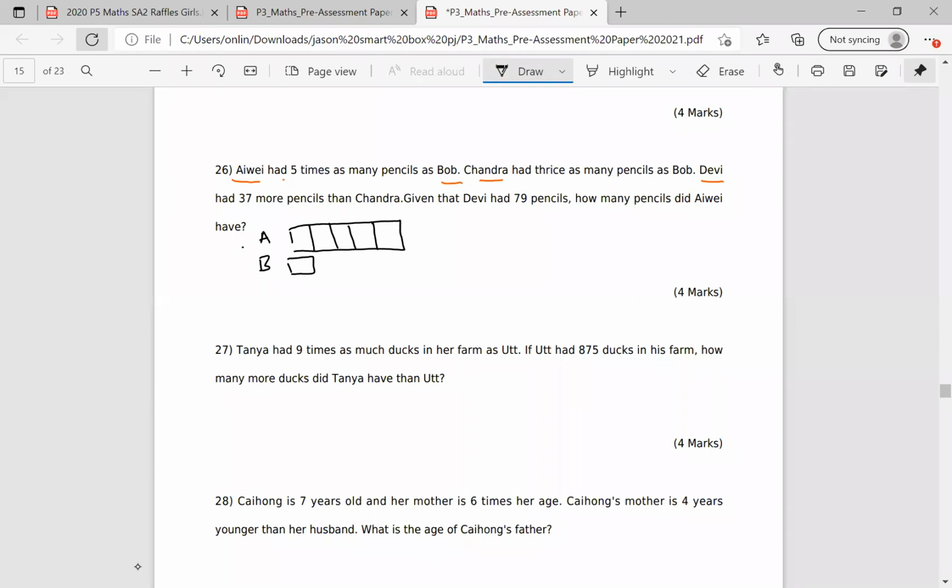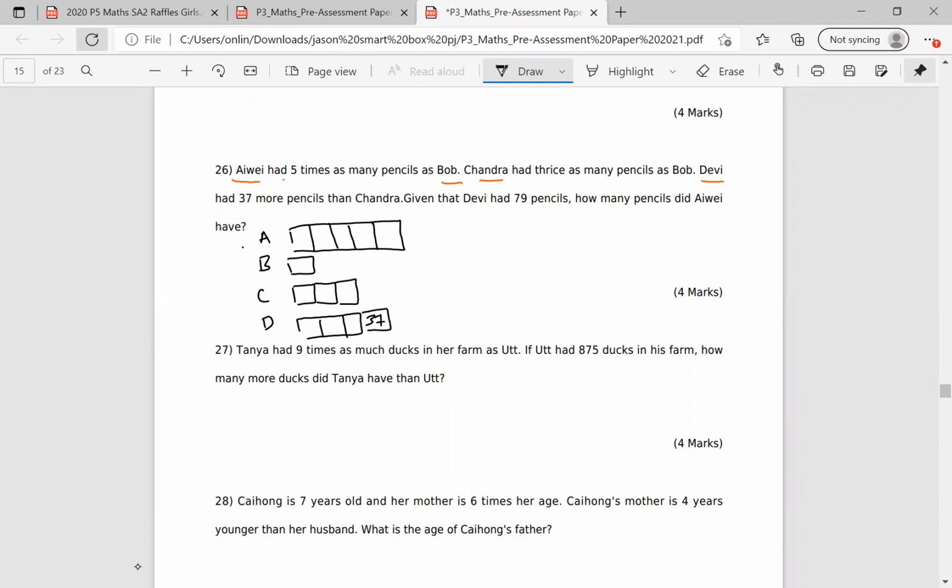Chandra has twice as many pencils as Bob. So Chandra is 3 times as much as Bob. So I'm going to draw Chandra 3 units. And then we have DV has 37 more than Chandra. Okay, so actually it's quite straightforward still, just that you have more models to draw. So you have 37 here.